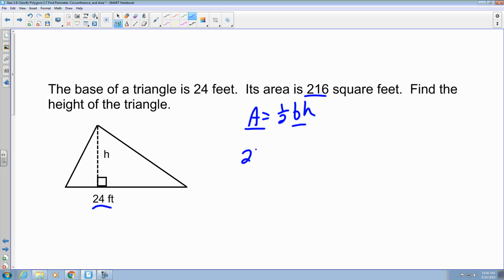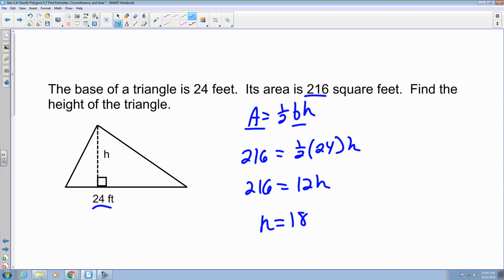So 216 equals 1/2 times 24 times h. 1/2 times 24 is 12, so now I have 216 equals 12h. Then we divide everything by 12. 216 divided by 12 is 18. So the height is 18 feet.